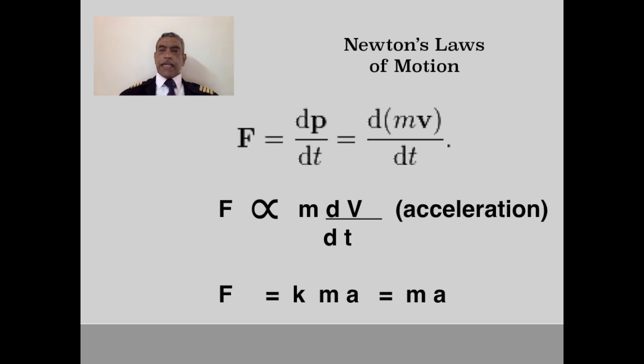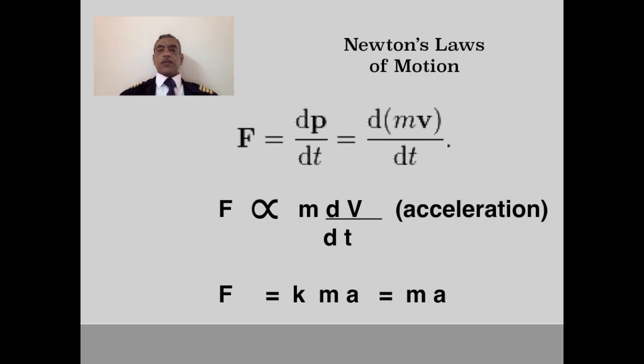If there was any change in this momentum, it will give you the concept of force. Let's get down, which means this force is proportional to delta mv upon delta t.